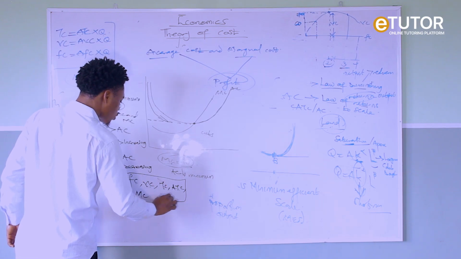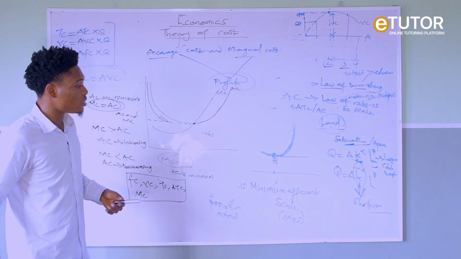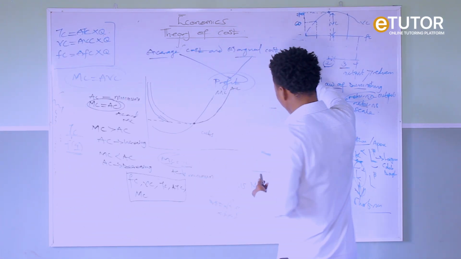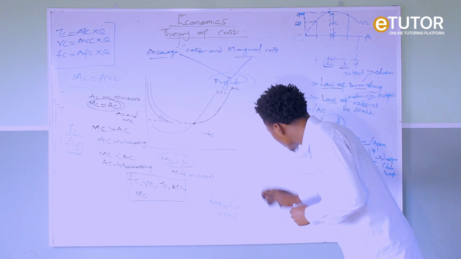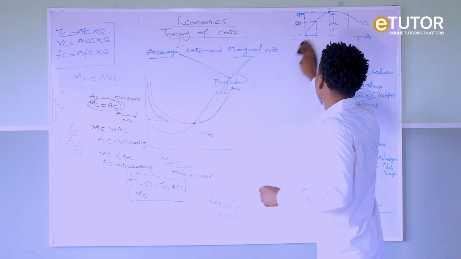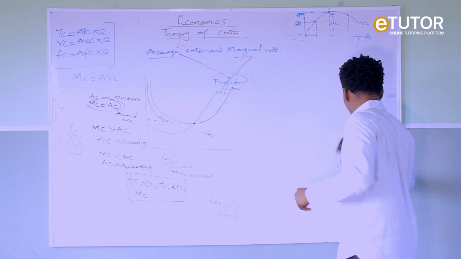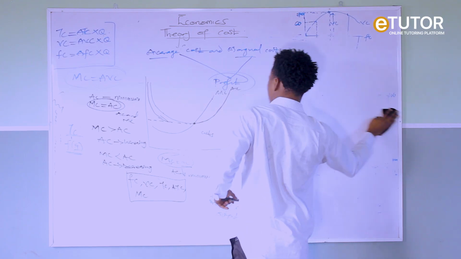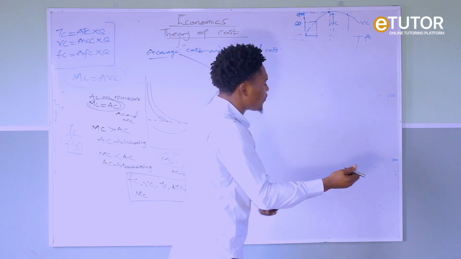Now it remains two other cost concepts. They are very, very easy. We have the fixed cost and the variable cost. For fixed cost and variable cost, let's come back to them.